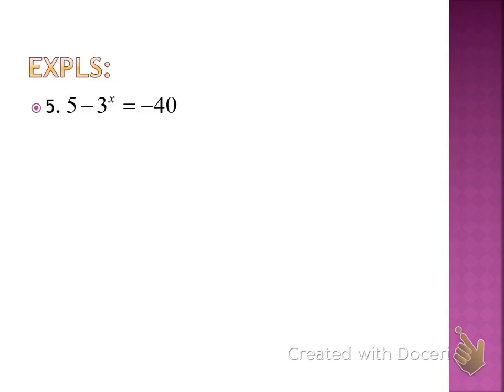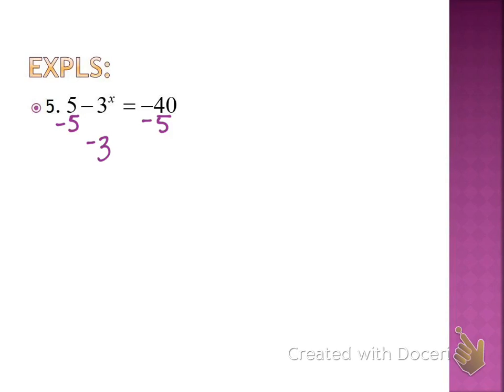So what could I start doing that would get x a little bit more alone than it is right now? Minus that 5 from both sides. This is a positive 5. If I want it to go away, I would need to subtract it. If I do it to one side, do it to the other side.